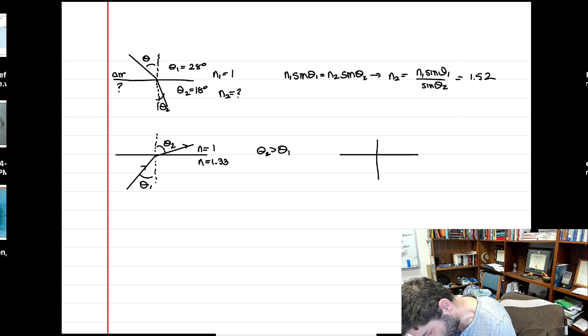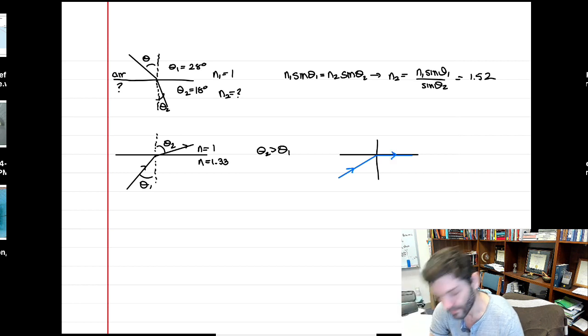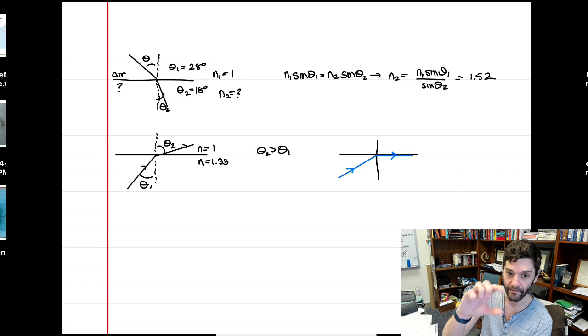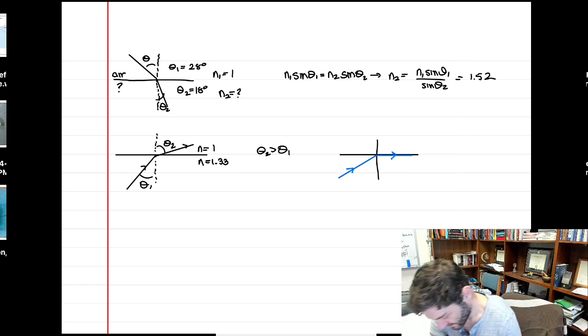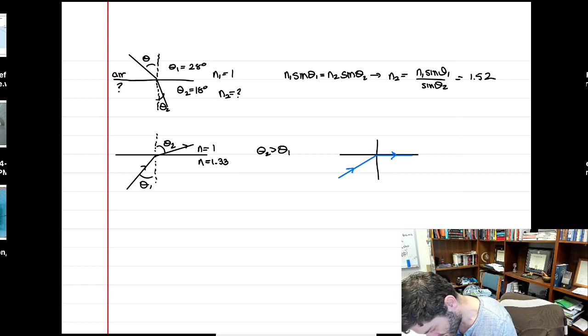So at what point do you have some angle that comes in? Maybe I'll do it in a different color. You have some angle that comes in, and then what ends up happening is rather than going through, it kind of ends up just grazing the surface. And then what happens when you go even farther? Well, when I increase theta even more, it turns out that you get reflection instead.